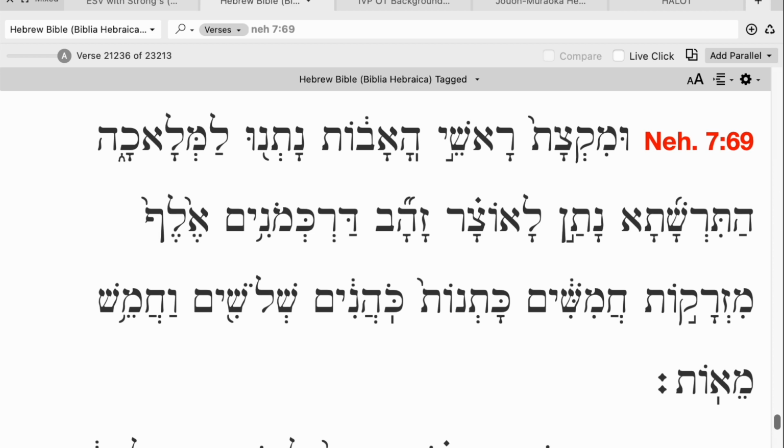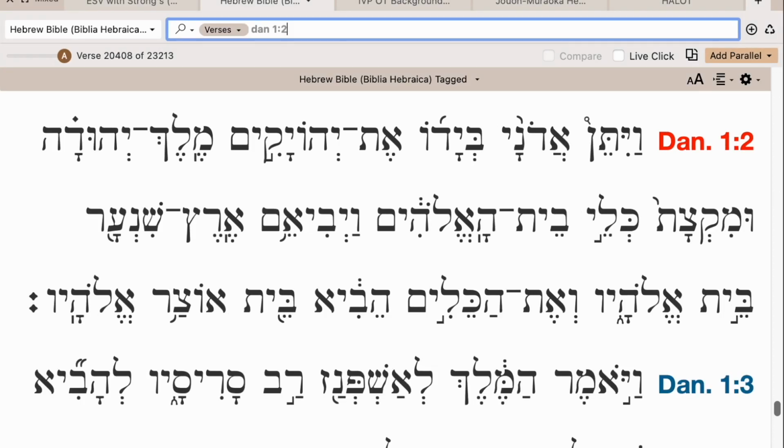And here we read Umiktsat Rashei Ha'avot, which means now some of the heads of the fathers, or some of the heads of the fathers' houses, Natnu Lamlacha, which means they gave to the work. And so umiktsat here means now some of, referring to people. And so now we go back to Daniel.